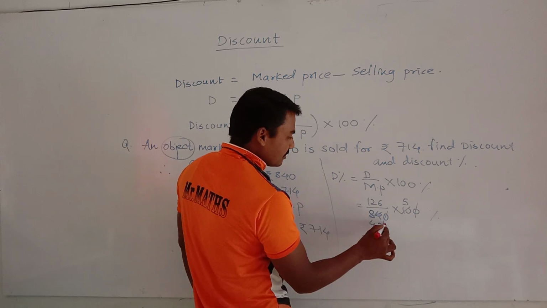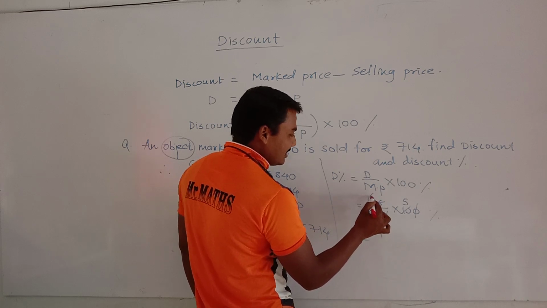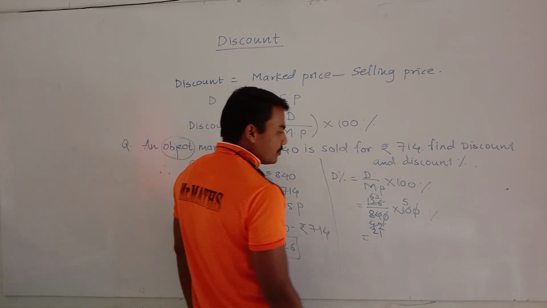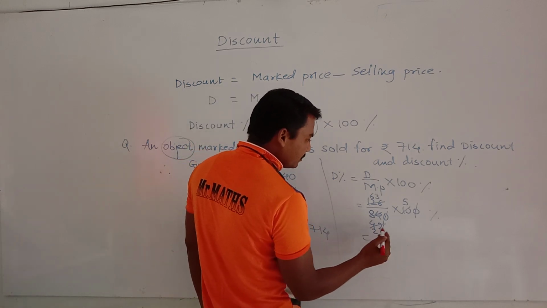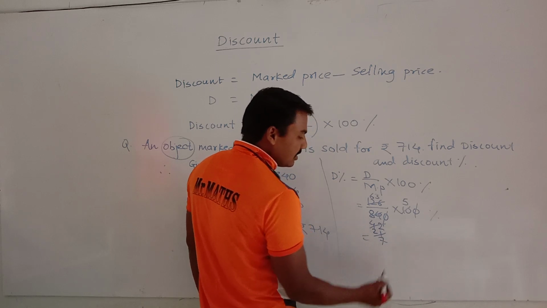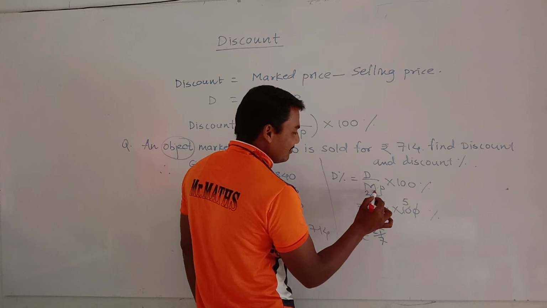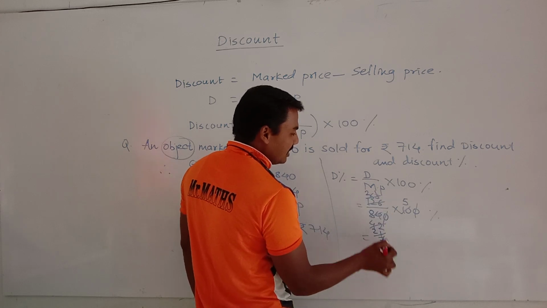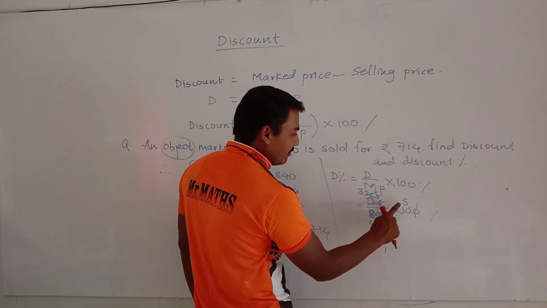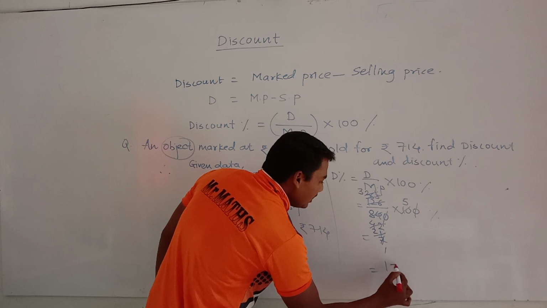Okay. 2 2s are 4, 2 1s are 2, 2 6s are 12, 2 3s are 6. Okay. Now 3 7s are 21, 3 2s are 6, 3 1s are 3, 7 1s are 7, 7 3s are 21, and 3 5s are remaining, 3 into 5, 3 5s are 15.